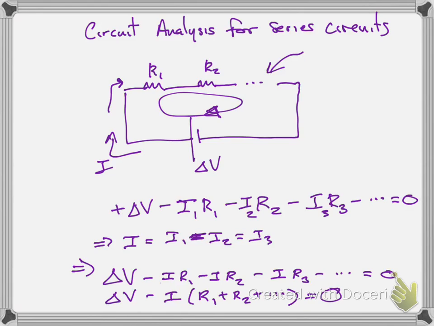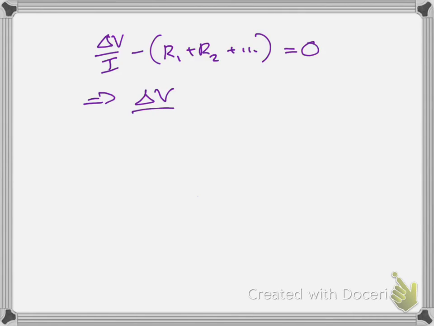And so I can go ahead and divide both sides by I. So I've got delta V over I minus R1 plus R2 plus dot, dot, dot equals 0. That's just dividing the equation through by I. And so delta V over I equals R1 plus R2 plus dot, dot, dot, as many as you have in series.